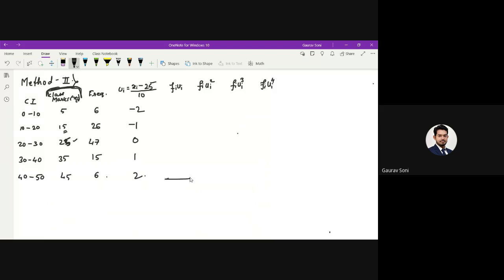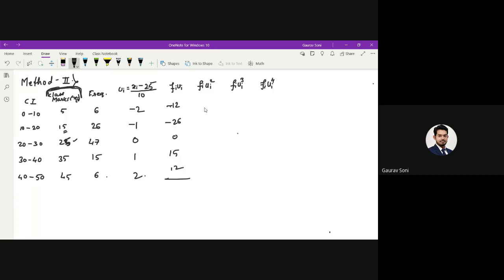What are the values? This will be minus 12, minus 26, 0, 15, 12.